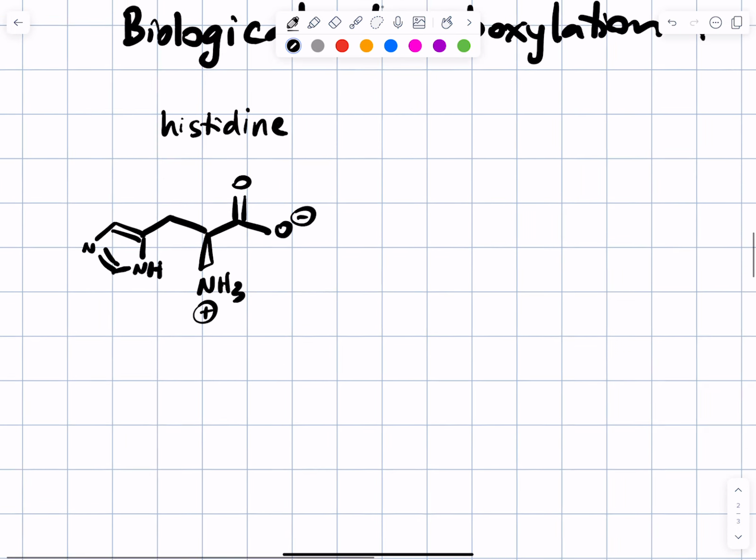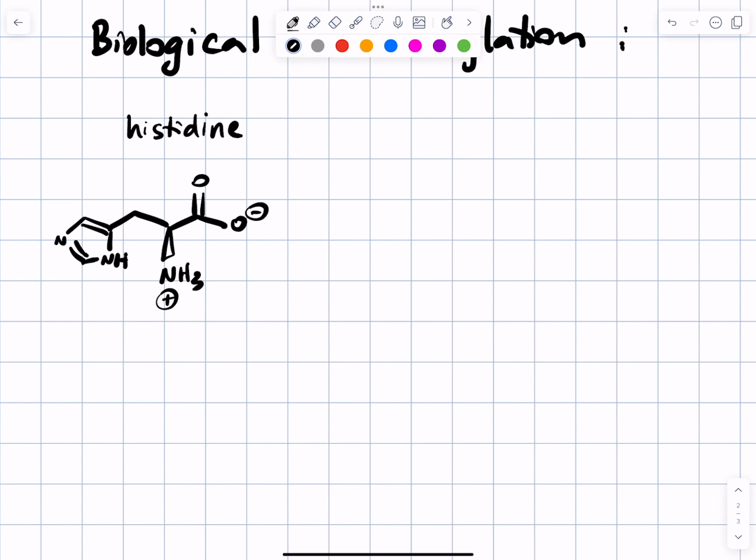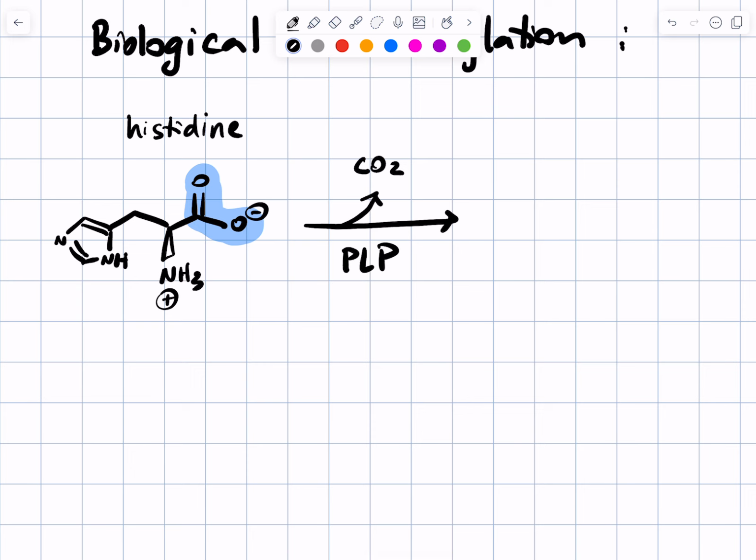All right, so this is the amino acid histidine. It's got this carboxylic acid group on it. Nature uses an enzyme called a decarboxylase to remove CO2. There is a cofactor that's involved in this. It's called PLP. You've met PLP before. We used it to do transaminase reactions where we're moving amino groups around by interchanging various imines.